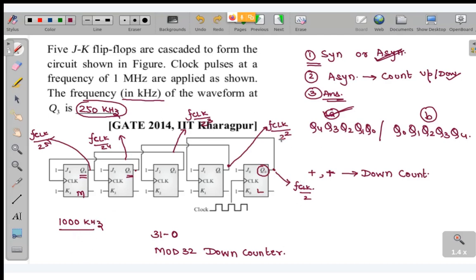So this will be f clock by 2, f clock by 4, f clock by 8, f clock by 16. So this will be 500 by 8 or 250 by 4, or this is 125 by 2, or this will be 62.5.